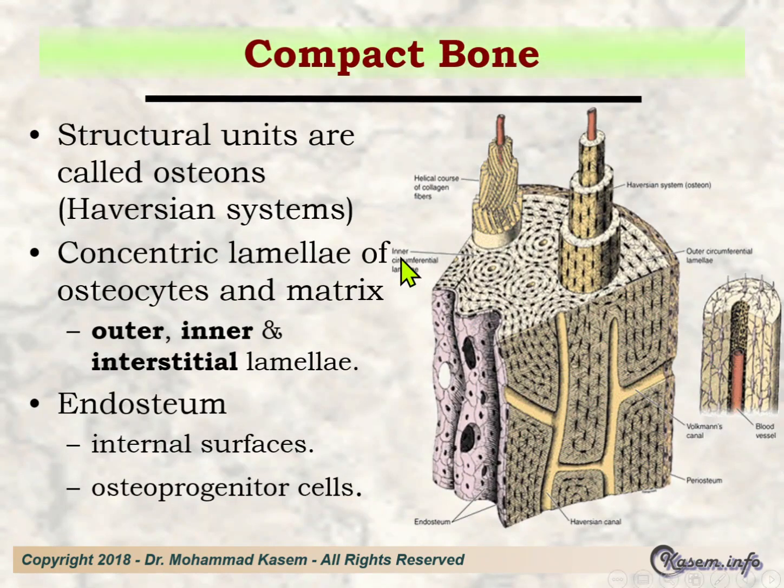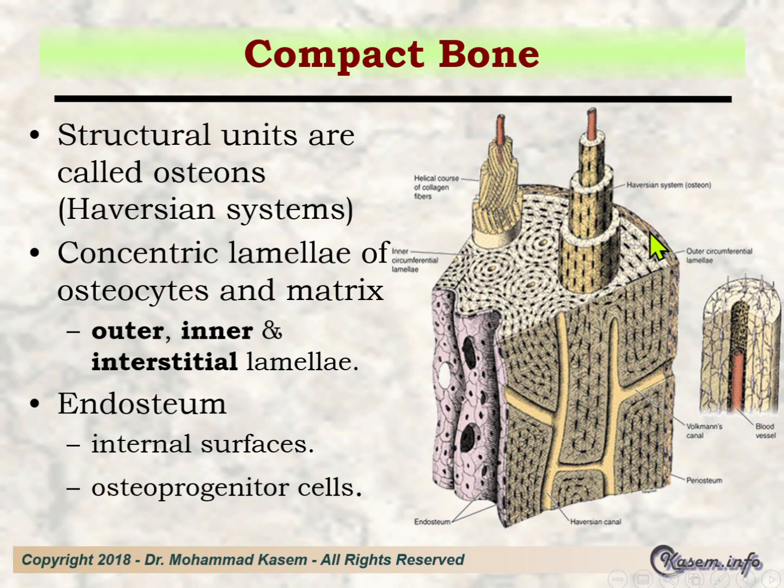Okay, this is a nice 3D diagram of a compact bone, to see the lamellae and the Haversian system. You see here the endosteum is the inner surface which faces the bone marrow, while this is the outer surface which is covering the bone.